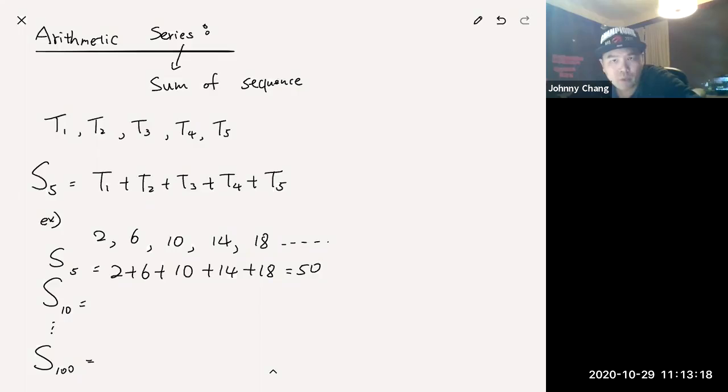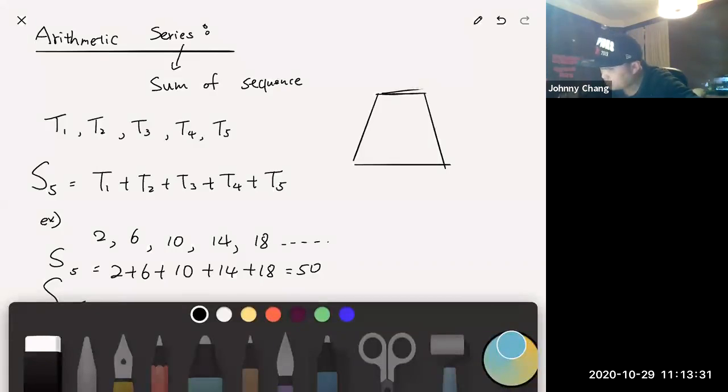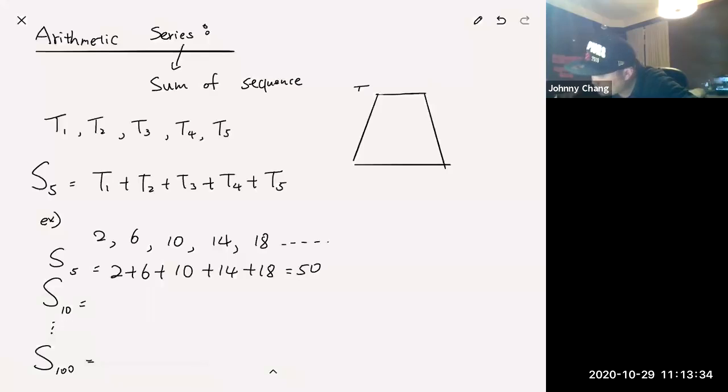So we have to think of it as a trapezoid. This is the shape of a trapezoid. So for example, this is term 1, term 2, term 3, term 4, over to term n. You can think of it as bricks, okay?